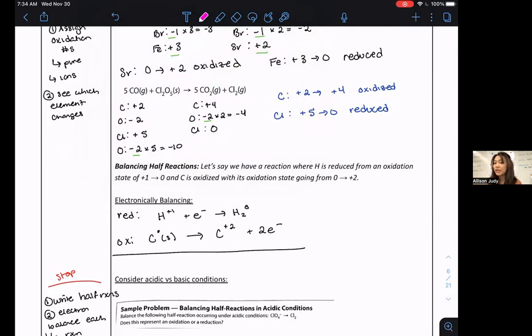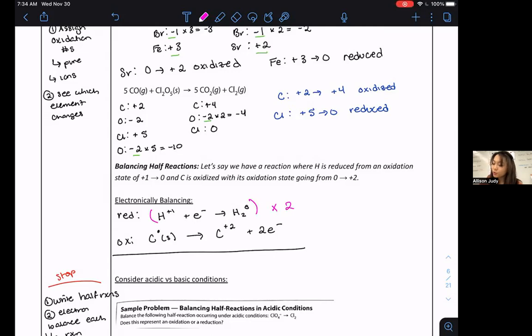I can't just magically gain 1 electron and lose 2 somehow. So what I do is I balance my half reactions via electrons. Electronically balance them by multiplying this whole reaction by 2.